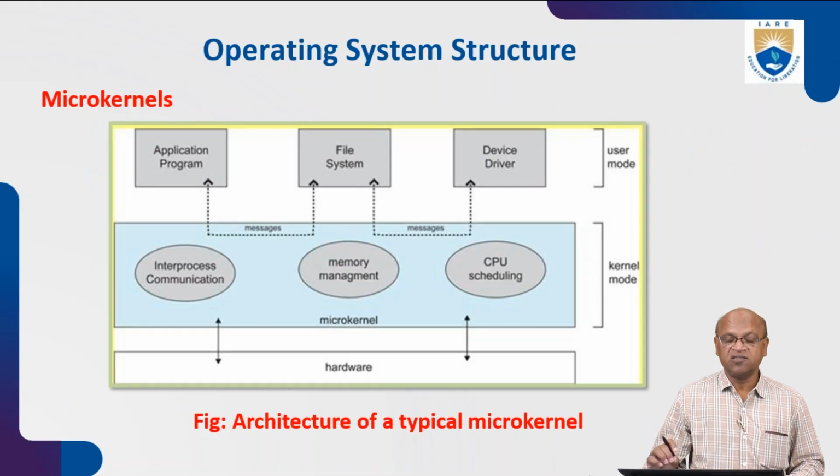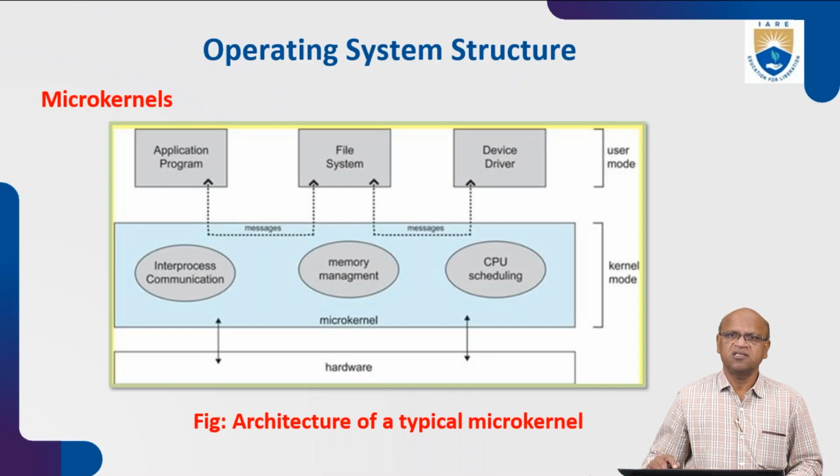If you look at the structure of a microkernel operating system, Mach, you have application programs, file systems, device drivers, basic interprocess communication, memory management, and CPU scheduling. In any operating system, all these functions will be there, but the arrangement of these software components is different. We use the microkernel for real-time operating systems in embedded systems.